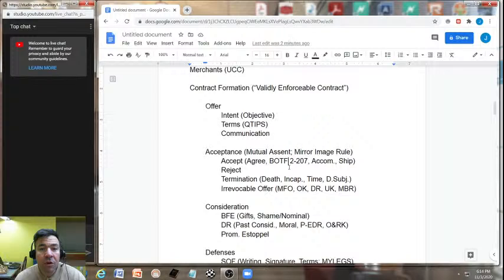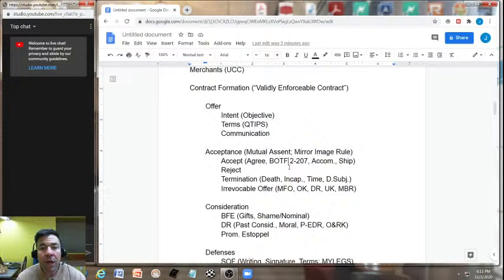And if they're additional terms, those terms between two merchants become part of the contract, unless one, the contract itself expressly excludes inclusion of other terms. Two, that additional term would materially alter the agreement.